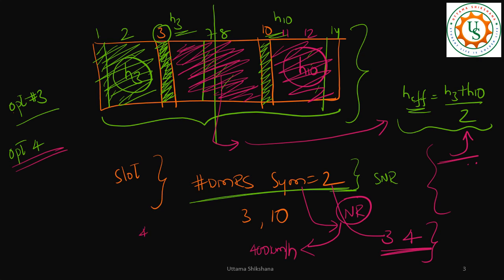Otherwise, in case of 4G, maximum we can go up to 100 or 120 kilometers per hour, or even less than this. So under such high speed, there are expectations that the channel would vary frequently across the symbols, like a time varying channel. So we can go for more DMRS symbols to give better channel estimations.